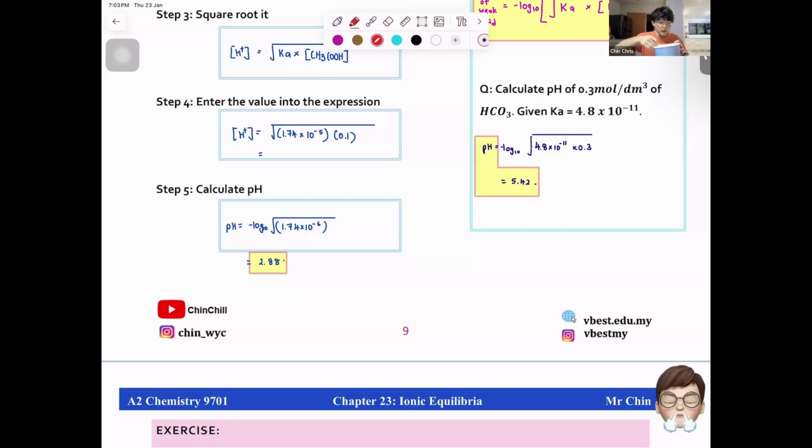All right, yeah, 5.42. Well done. Once done, let's move on to the next page.